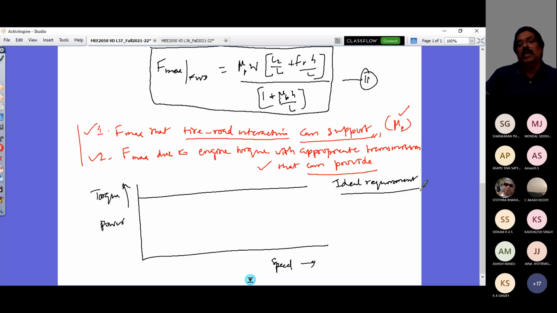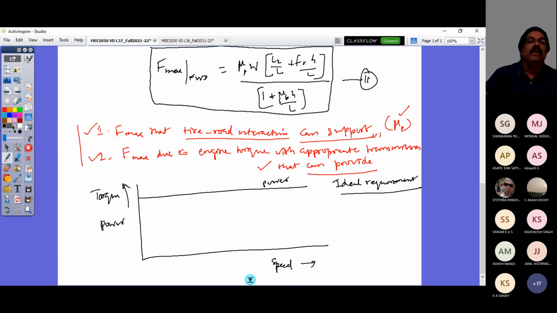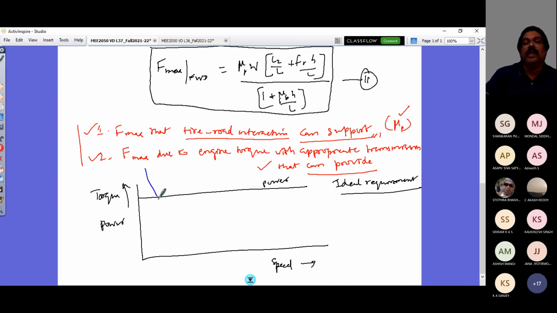Ideal requirement. So power needs to be constant irrespective of the speed of my vehicle. This is what is an ideal requirement, and that would be fulfilled by my variation of torque. So the torque variation is going to be hyperbolically varying like this.